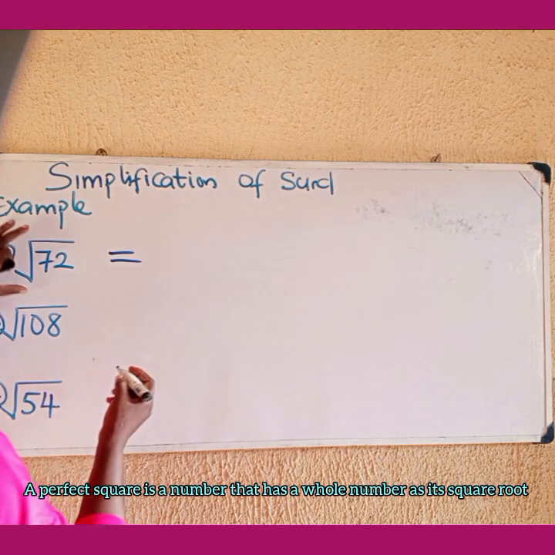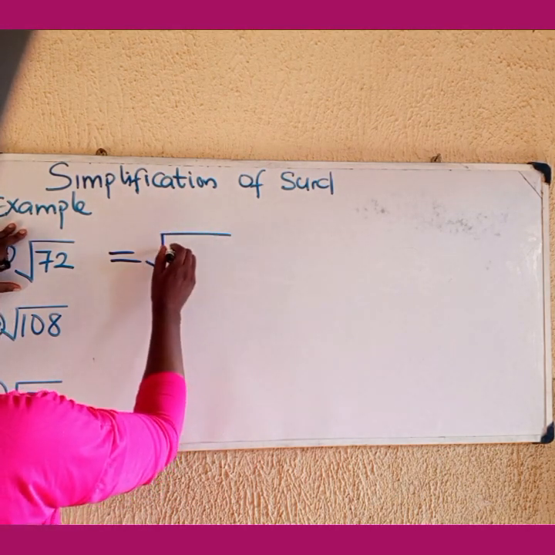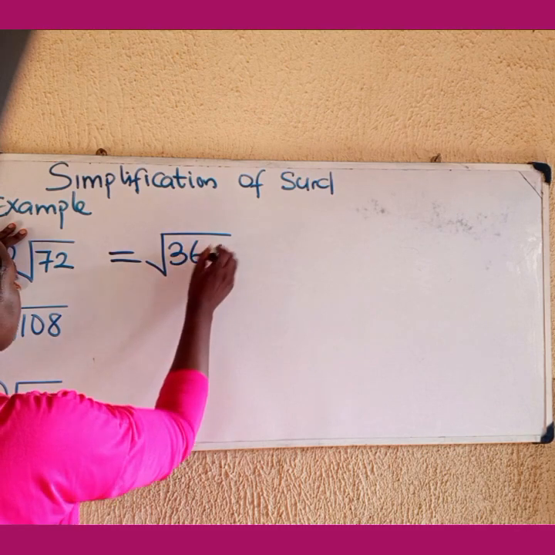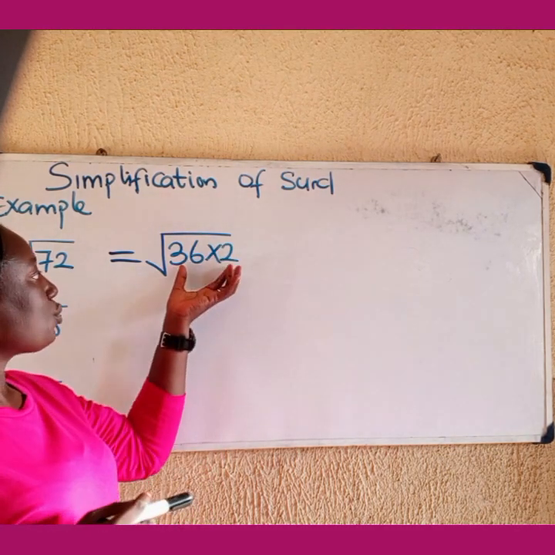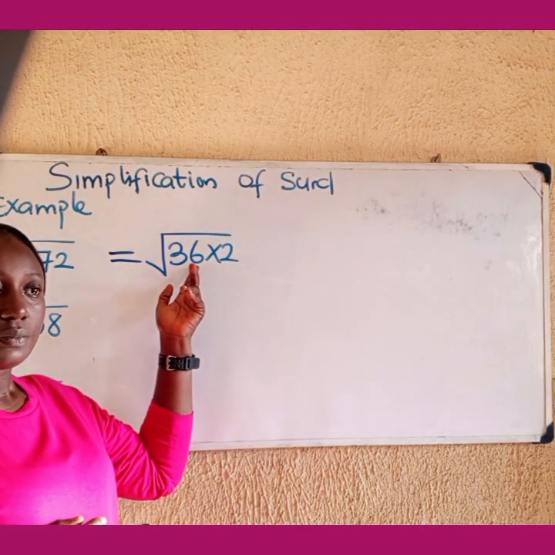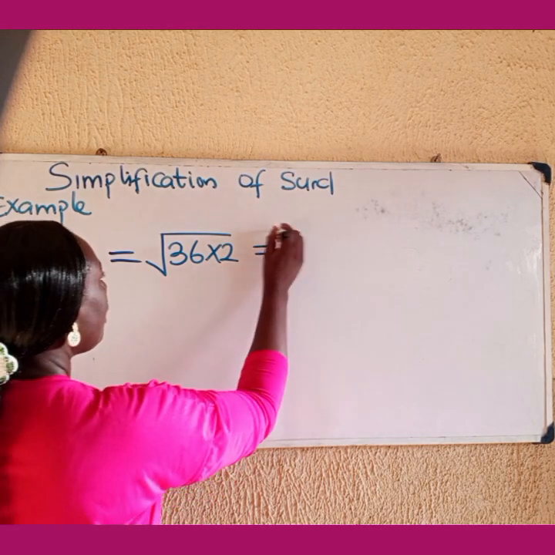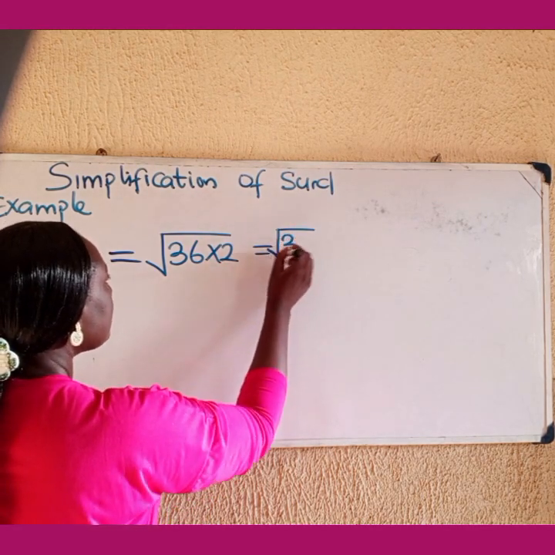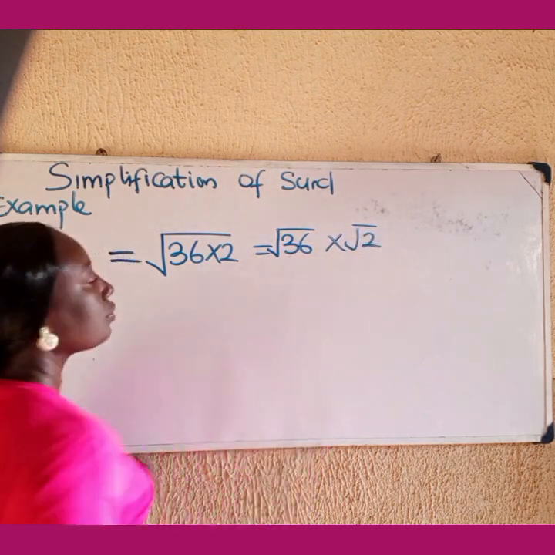Now, root 72 is the same thing as 36 times 2. When you look at these two factors, 36 is the perfect square. So, I can separate them by having root 36 times root 2.